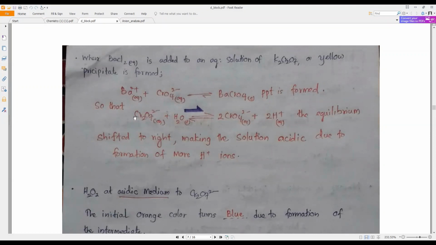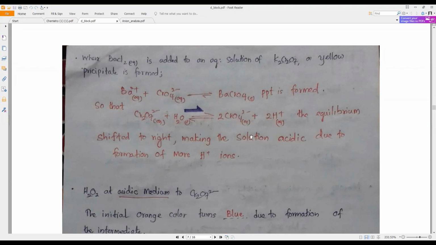So if you have NaOH in the solution, which means this H+ is removed, right? So H+ reacts with the OH- in the solution, and this equilibrium will be shifted towards the right-hand side, which means the amount of dichromate will be converted to chromate, which is now yellow color in the solution.